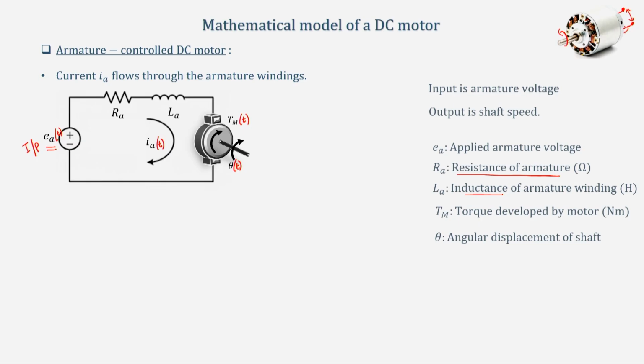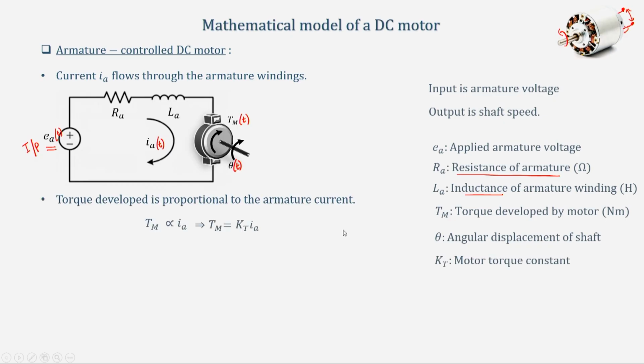Now, the torque that is developed in this motor is directly proportional to the current that flows through this circuit. So, Tm is directly proportional to the armature current, and of course, there is a proportionality constant involved, called the motor torque constant. So, Tm equal to Kt Ia.